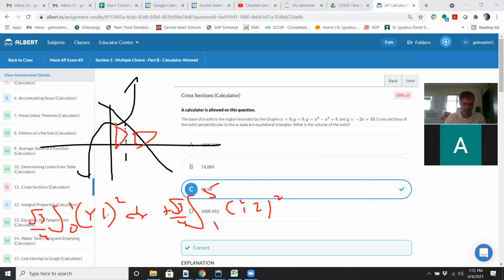Alpha trace y2 squared dx. And times root 3 divided by 4. Yeah, you do get 64.09. So my apologies, I had the wrong region. The way I had done it was if you're just bounded by the y-axis or x equals 0, I was kind of ignoring this part. That was my fault.